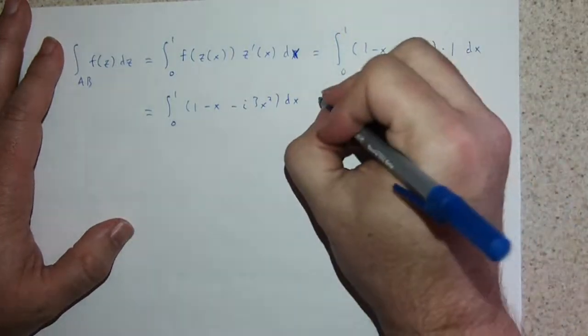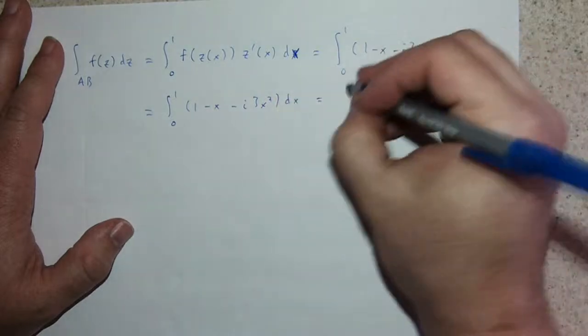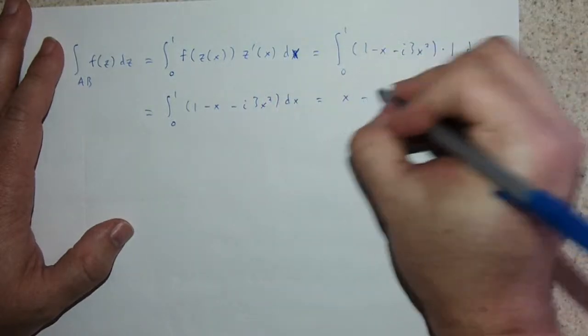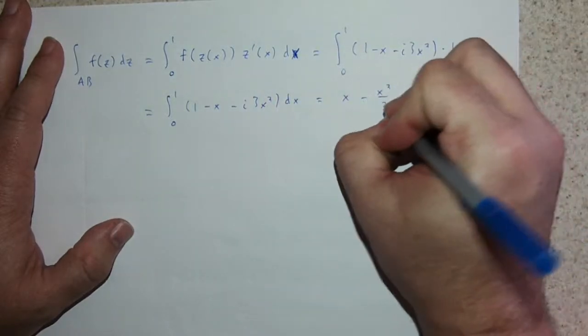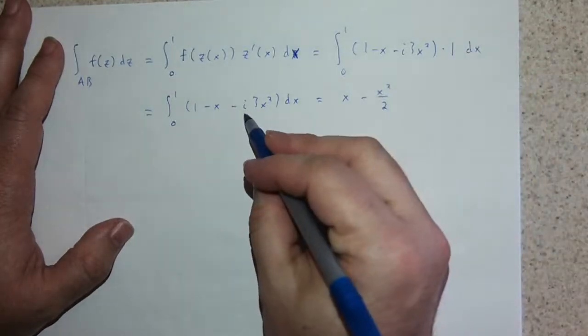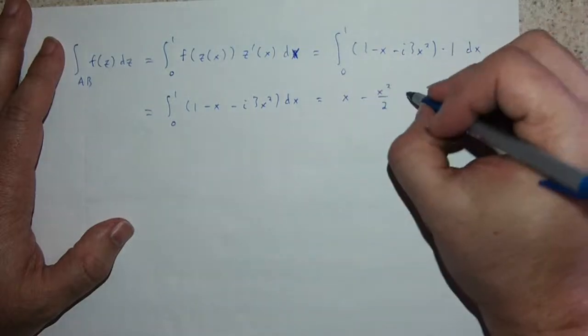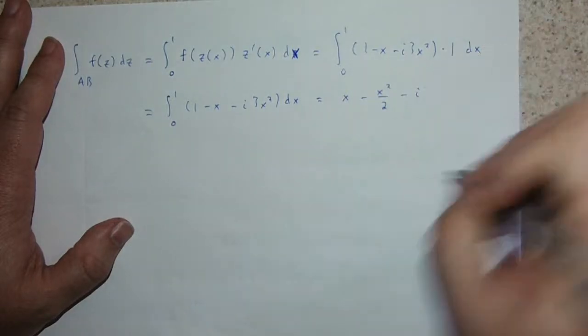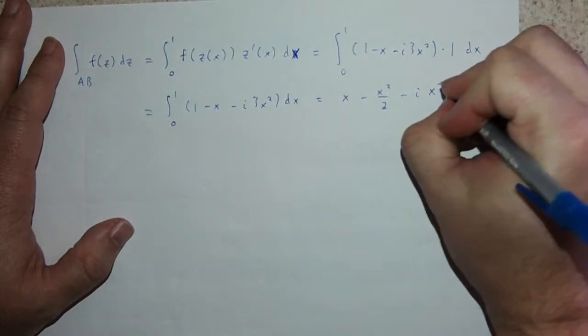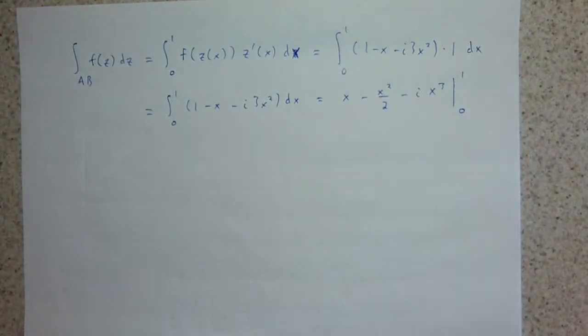I'm going to do this term by term to get x minus x squared over 2, minus the integral of 3x squared, which is, of course, x cubed. So this is minus i times x cubed, and I'm evaluating from 0 to 1 there.